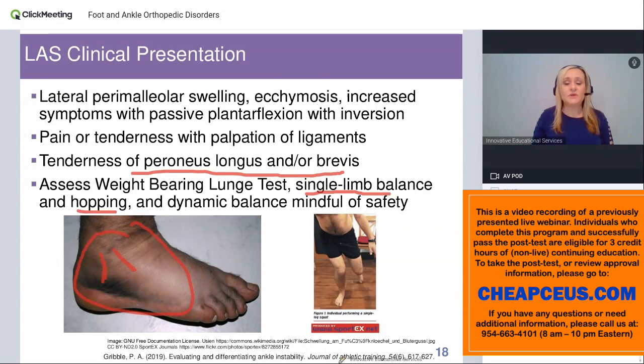And as we have the individual and we're looking at that kind of quality versus quantity of these movements, when we have the individual on the right here who's performing this single limb stance, well, are they unstable because of their ankle? And questioning them, well, is it pain in your ankle that you feel is causing you to shift your weight? And can we correct that? Or is this a weakness of the hip abductors? Is this a weakness at the knee of the hamstrings and the quads? What is actually contributing and honing in? Is it the ankle or is it elsewhere up the chain that we also need to be mindful of?